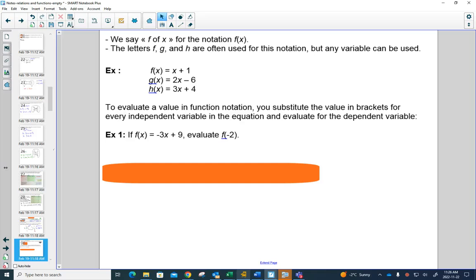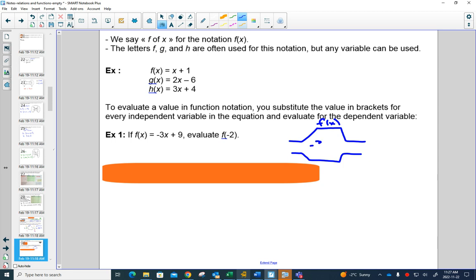And then, I kind of cheated and showed you this already, but you can evaluate functions. So they give you a function that this machine always does negative 3x plus 9. You can think of it like this. There's my machine of f of x.